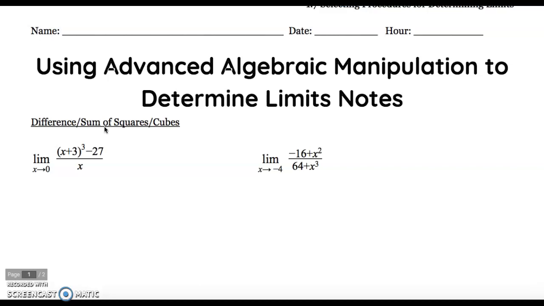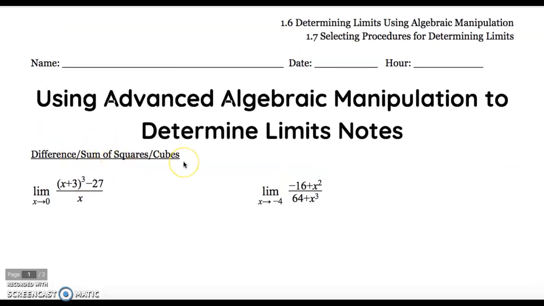So we're going to start off right off the bat with the difference or sum of squares and cubes. And up here at the top, we're going to write down the formulas for the sum and difference of cubes, just because you might not have that one memorized as readily available in your working memory.